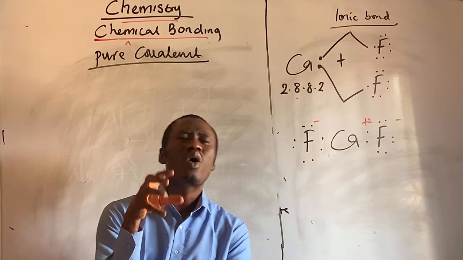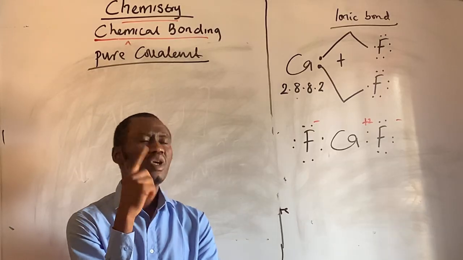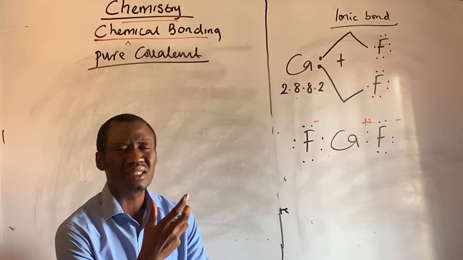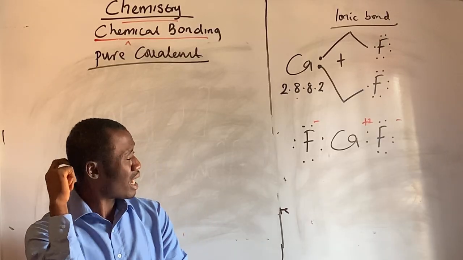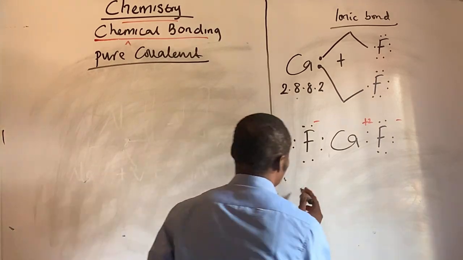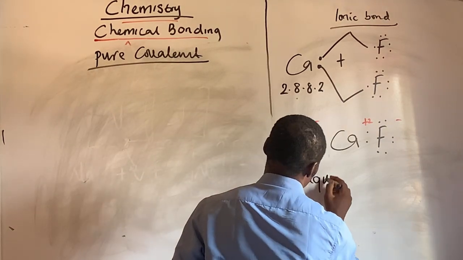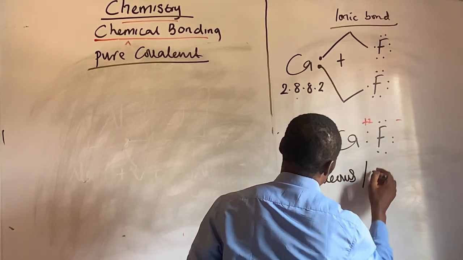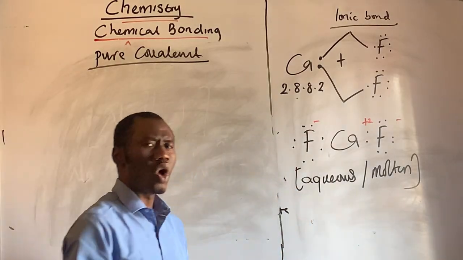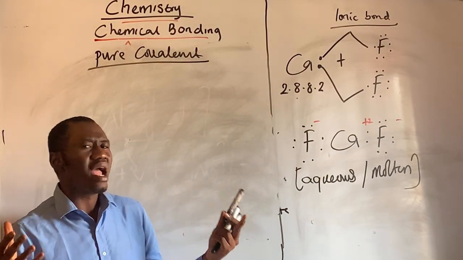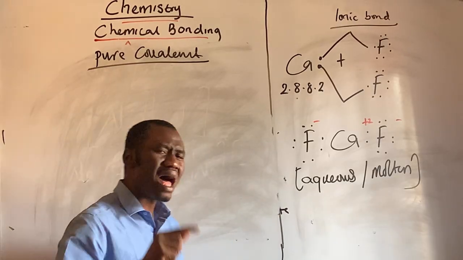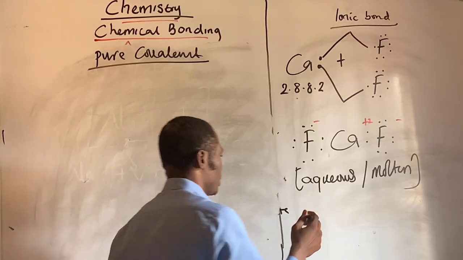Now, they conduct electricity, meaning that they can act as an electrolyte. How do they act as an electrolyte? They are in an aqueous solution. In aqueous or molten state, the electrovalent compound or ionic compound has what we call free mobile ions.